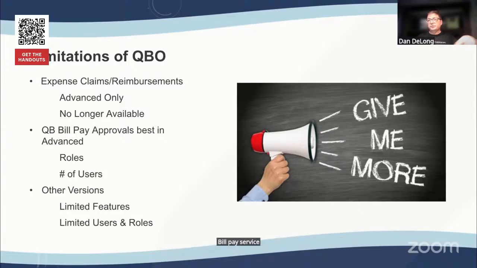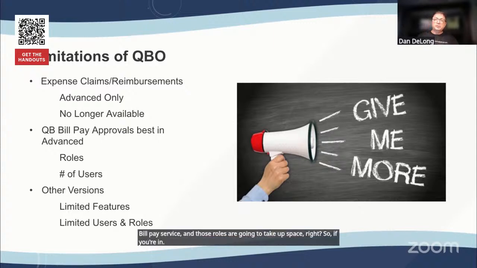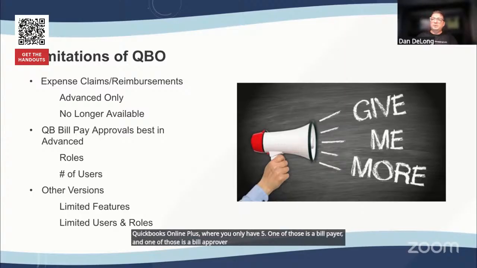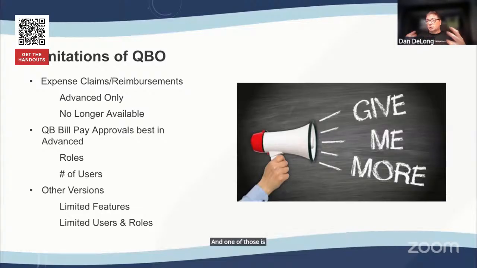And those roles are going to take up space, right? So if you're in QuickBooks Online Plus, where you only have 5, one of those is a bill payer, one is a bill approver, and one is a bill clerk, where they're entering in the bills. Well, now you've taken up 3 spaces of your 5 just for those specific roles.